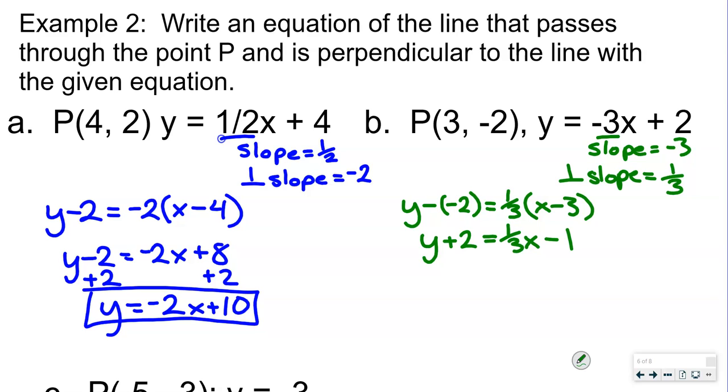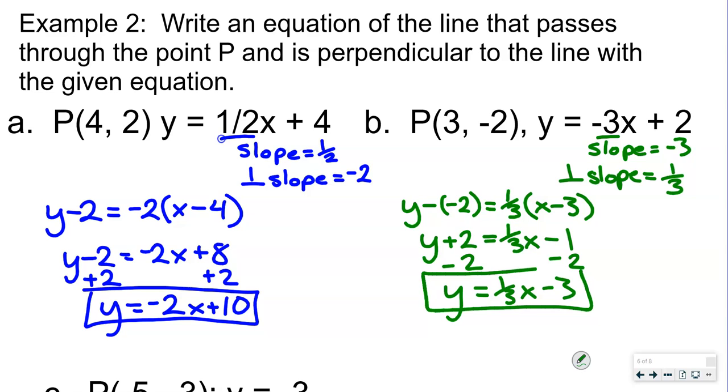And then we need to subtract 2 from both sides. So y equals 1/3 x minus 3. So that would be the line that passes through point 3, negative 2, and is perpendicular to line y equals negative 3x plus 2.